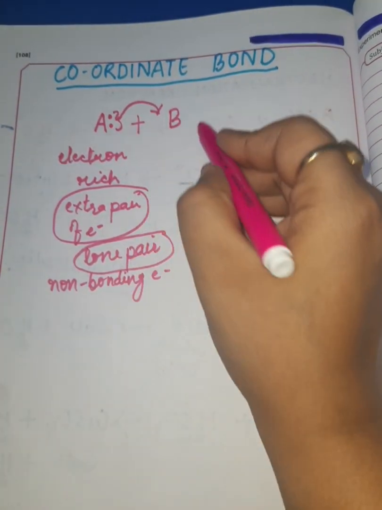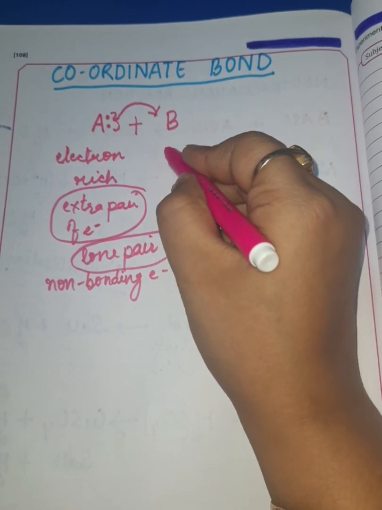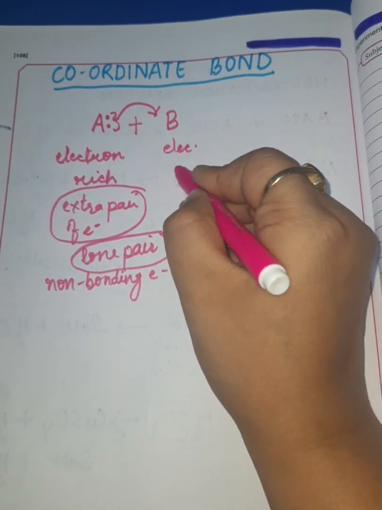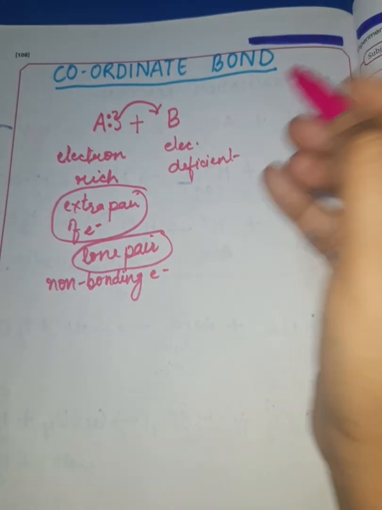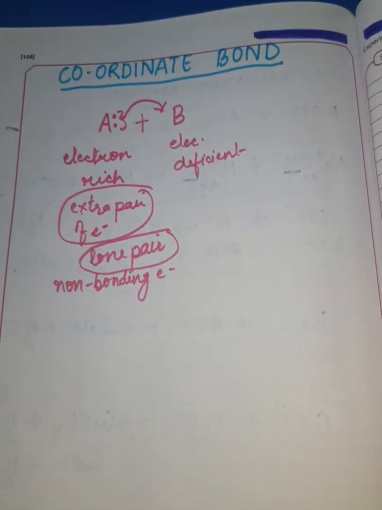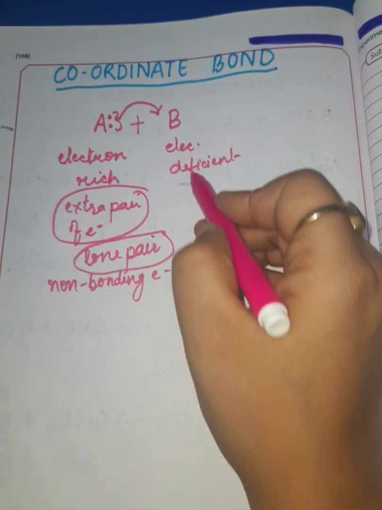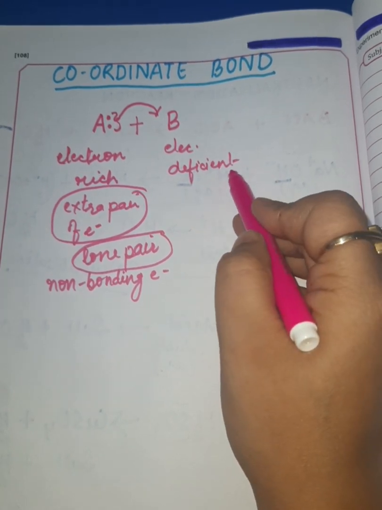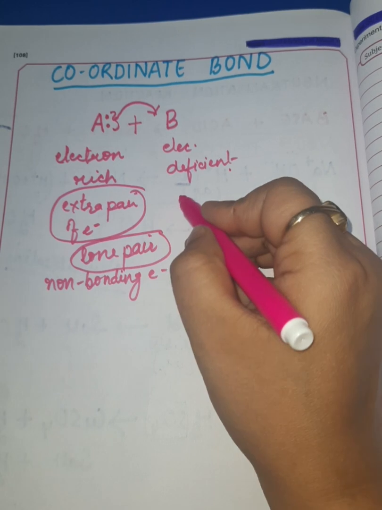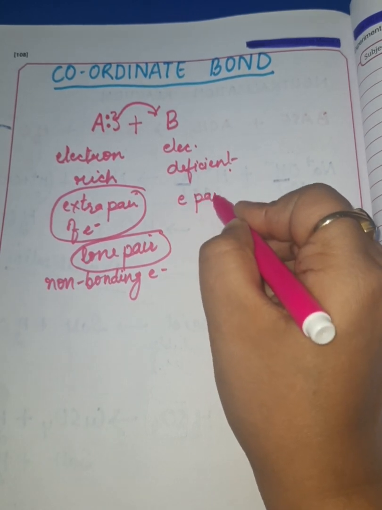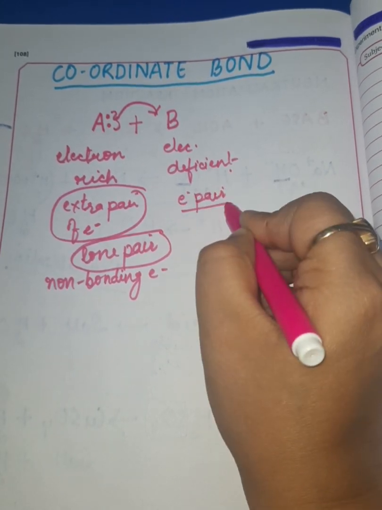And the other atom is electron deficient. Deficient means it does not have proper electrons. So being electron deficient, this atom B is in need of an electron pair.